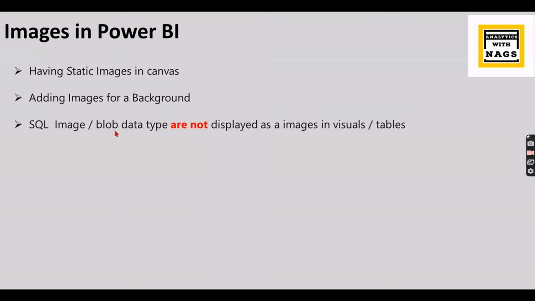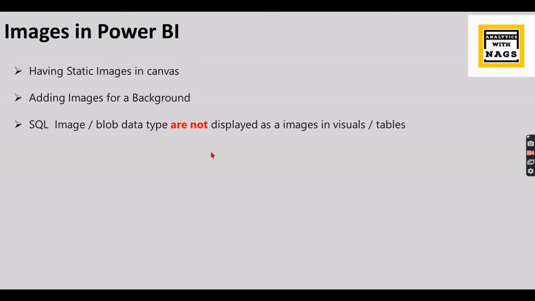Maybe I may be wrong with the data types, but in SQL Server you can have one data type in a column that can store an entire image. When you store it like that, that is also not possible in Power BI. So you might be under the impression that you can use that column wherever you stored your images in a SQL Server table, and you can use it. That is also not possible.